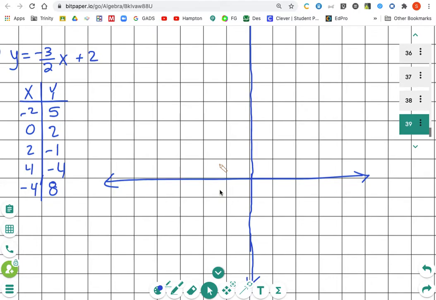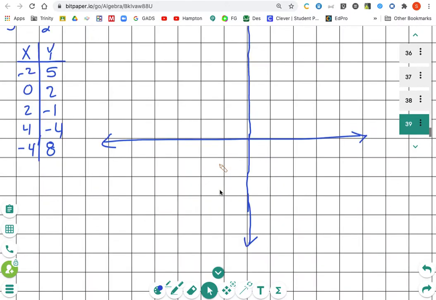So we're going to graph -2, 5. 0, 2. 2, -1. 4, -4. And -4, 8.